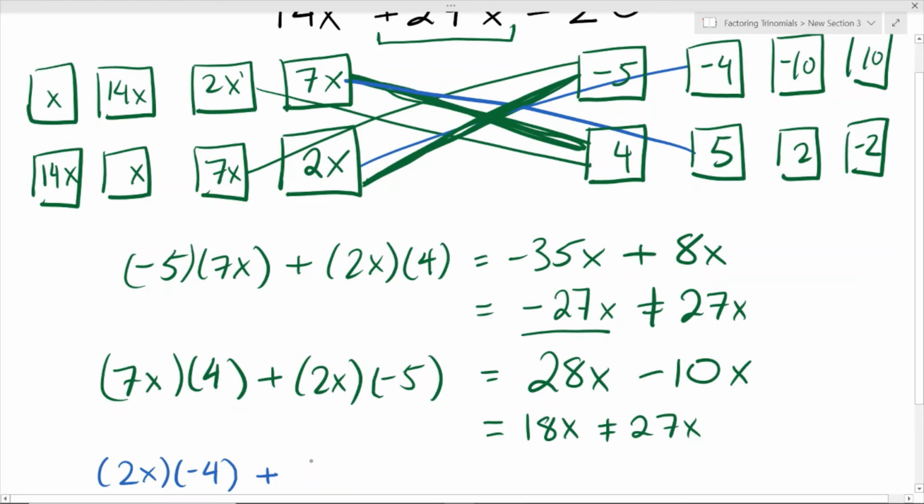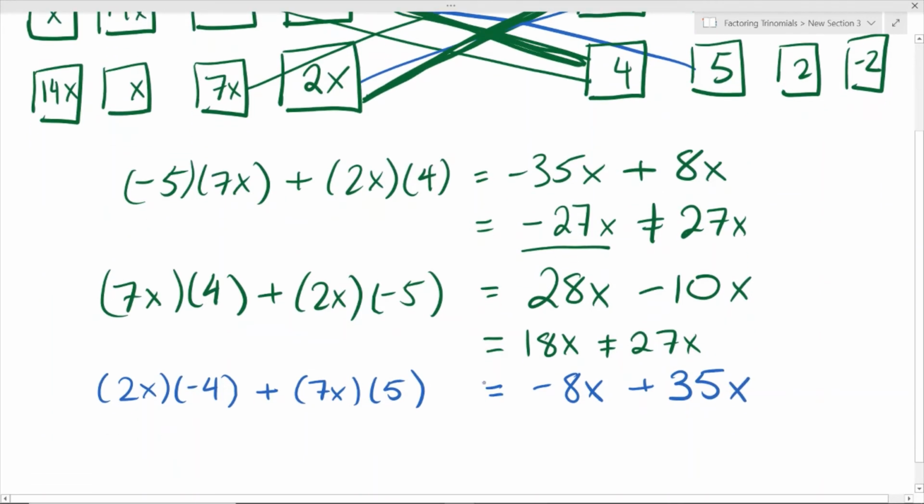So 2 times -4 is -8, so -8x. 7 times 5 is 35x, right? And 35x minus 8x is going to give us 27x.